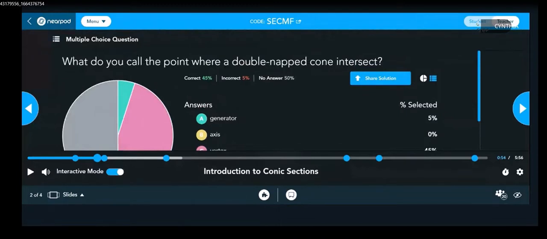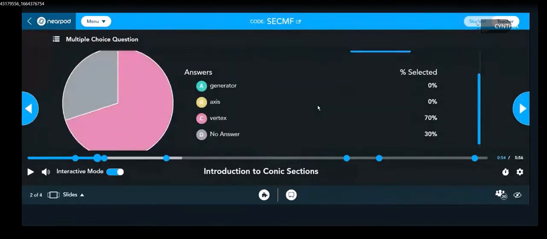What do you call the point where a double nap cone, like an ice cream cone, where those tips touch? Is it a generator, an axis, or a vertex? We saw earlier the axis is that straight line where another line rotates and forms those cones.